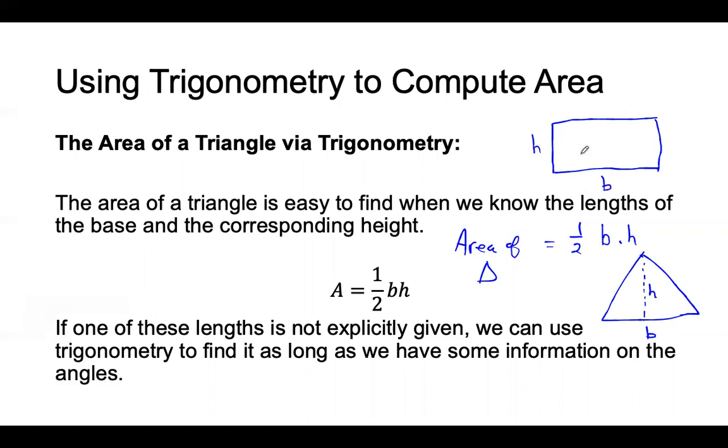Now we could draw some triangles in our rectangle, like here and here. So this will also have a height and a base. And you see they're, let's say, 90 degrees everywhere in these corners.